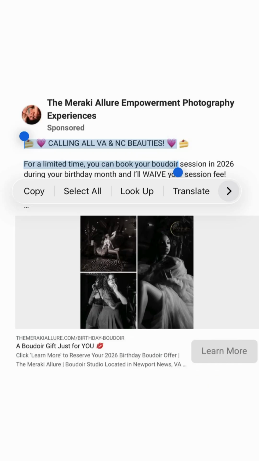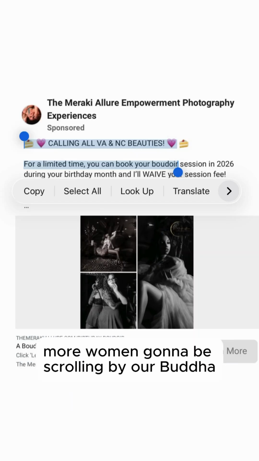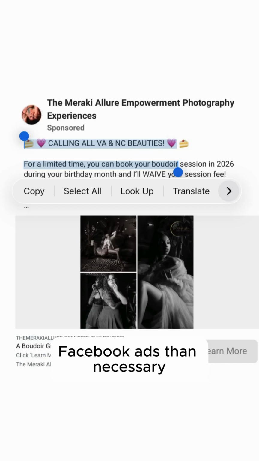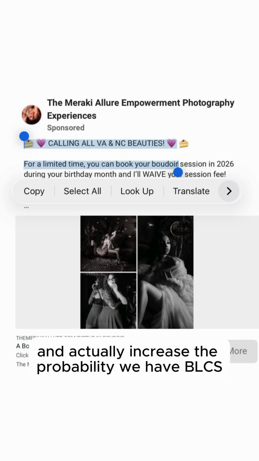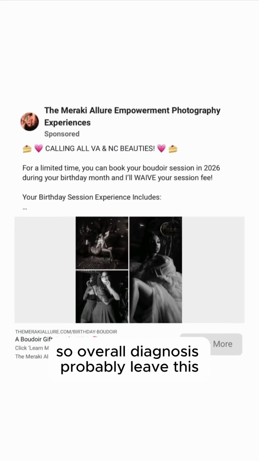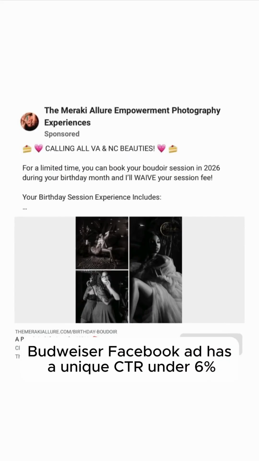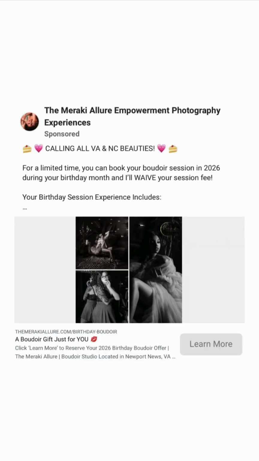Now, the consequence of this: way more women going to be scrolling by our Boudoir Facebook ads than necessary, pulling our unique CTRL under 6%, and actually increasing the probability we have BLCS. So overall diagnosis, probably believe this Boudoir Facebook ad has a unique CTRL under 6% and has BLCS, Boudoir low click syndrome. Yes, I do. I believe we got a case of BLCS here.